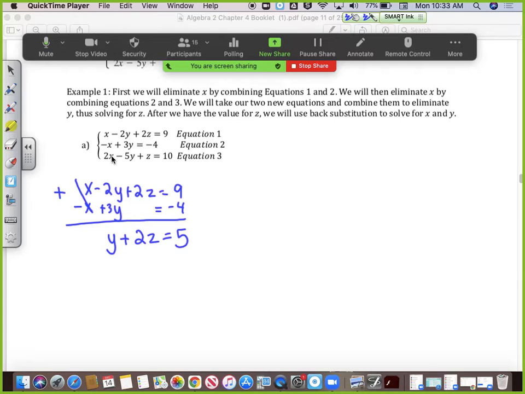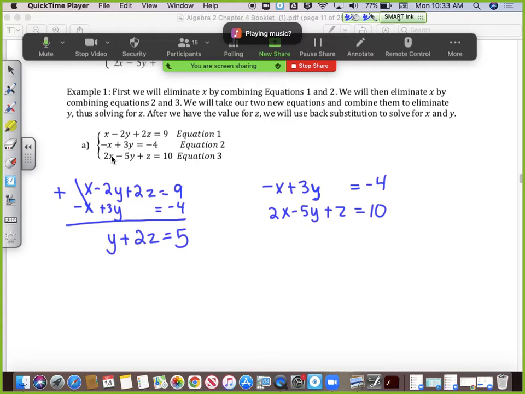So equation 2 is negative x plus 3y equals negative 4. And equation 3 is 2x minus 5y plus z equals 10. I should leave a space here because there's no z. Now what I am going to do is eliminate x in these 2 equations as well.